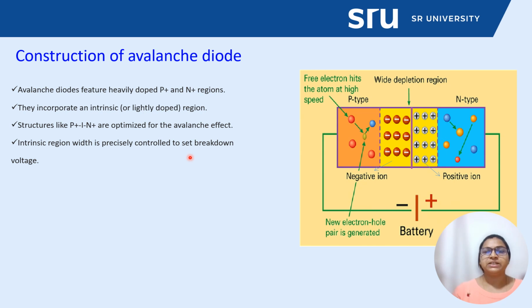The intrinsic region is precisely controlled to set the breakdown voltage. Basically the avalanche diode is lightly doped, therefore the width of the depletion layer in the avalanche diode is very wide compared to the Zener diode. Because of this width, the reverse breakdown occurs at high voltage in the avalanche diode. The breakdown voltage is carefully set by controlling the doping level during manufacture.